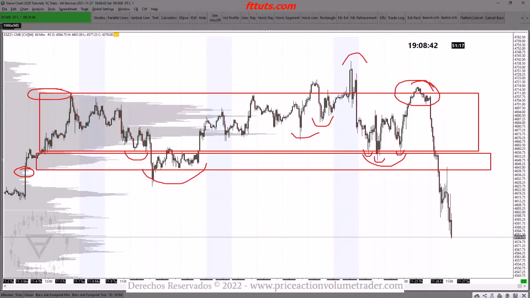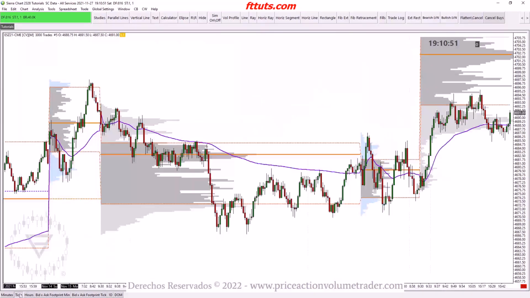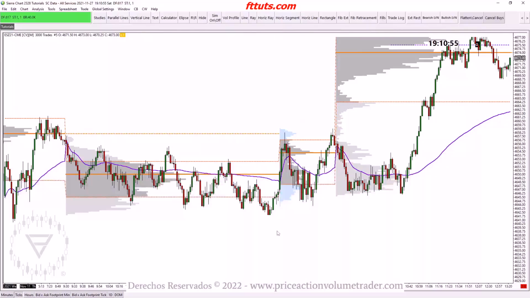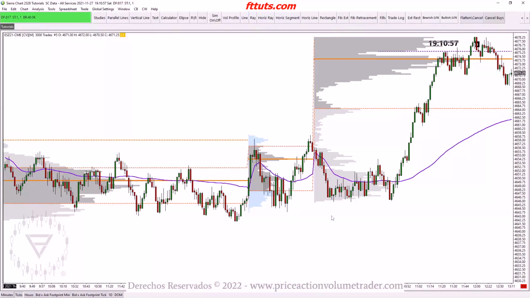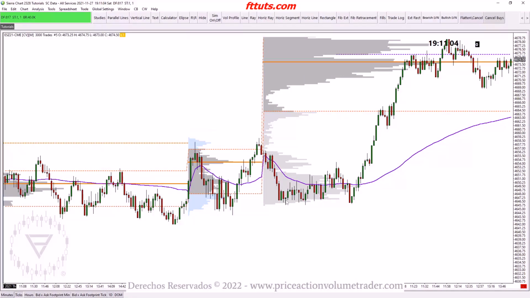And price can really bounce off of these edges a lot of times. Let me look for an example here, because one of the most dangerous things you can do is just assume that an edge is going to break. For example here, look at how many times price crashed here.